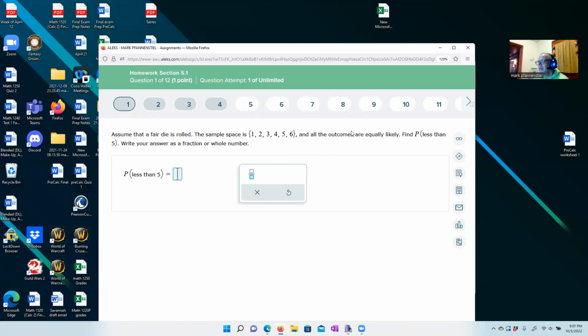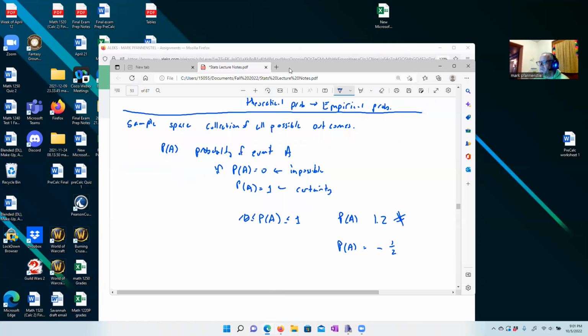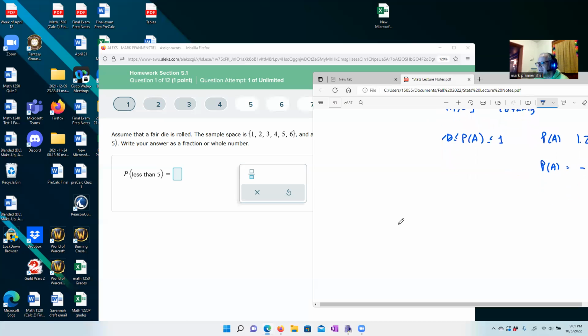Since all the outcomes are equally likely, find the probability that the value comes up as less than 5. The first thing we have to ask ourselves is, what numbers are less than 5? We have 1, 2, 3, 4. 5 is not less than 5, so we're not going to include it, and 6 is certainly not less than 5.